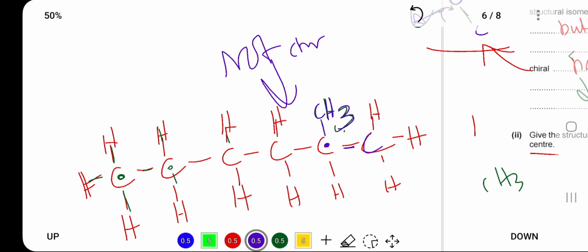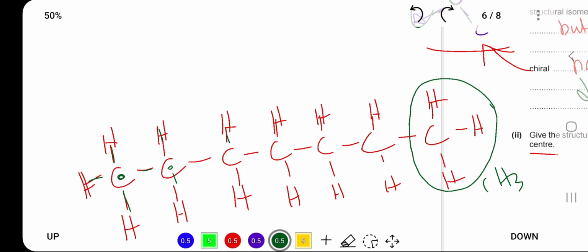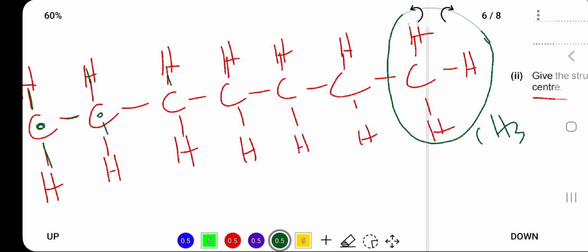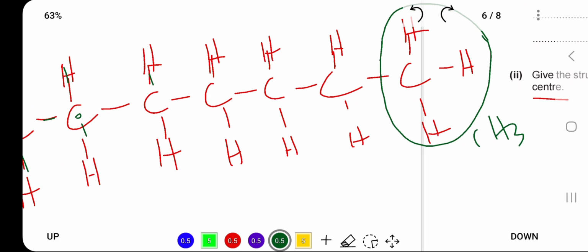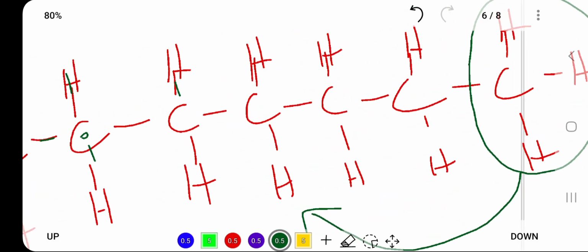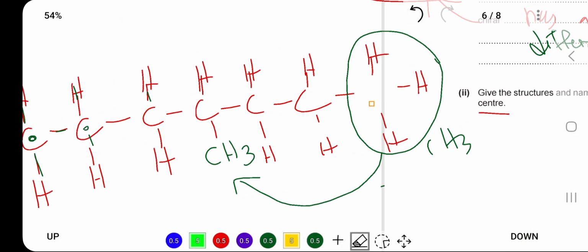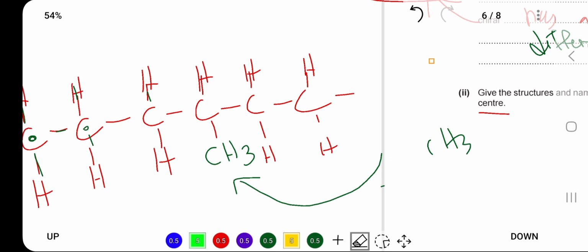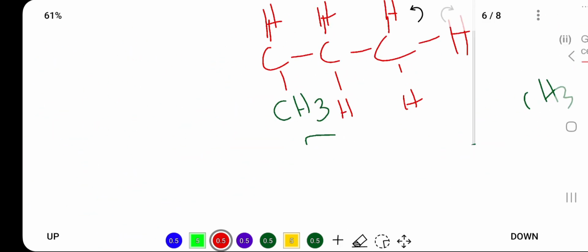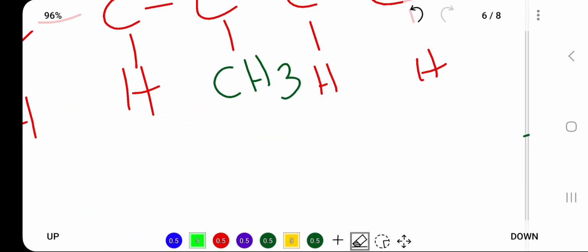So again, that was wrong, so I want to change this place to somewhere else. What if I change this and put it here instead? Let's check. If I put CH3 here, now we're going to delete this so you won't get confused. So I delete the part where I moved it from.